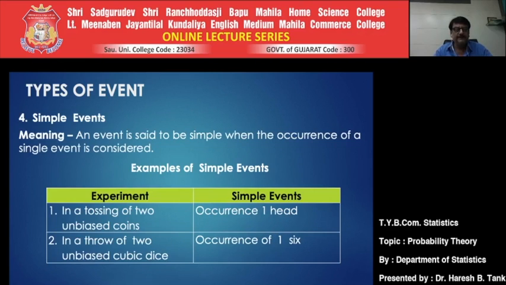Simple event. As the name suggests itself, an event is said to be simple when the occurrence of a single event is considered. What do you mean by this? In tossing of two unbiased coins. Look, now I am talking about tossing two unbiased coins. While tossing two unbiased coins, how many possible outcomes are there?